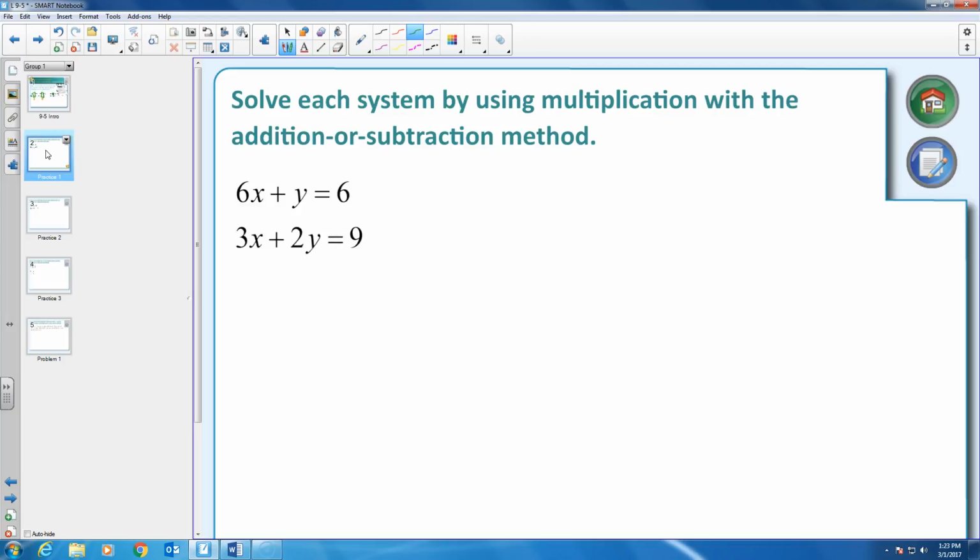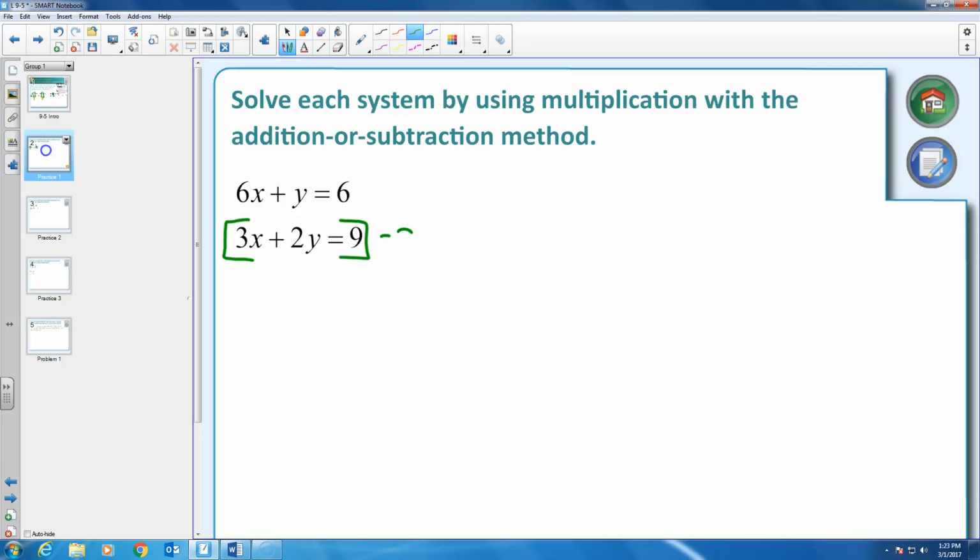So if I'm looking here and I have 6x, what does this x need to be for it to cancel out? Not 6. It needs to be negative 6. Remember, they need to be additive inverses of each other.